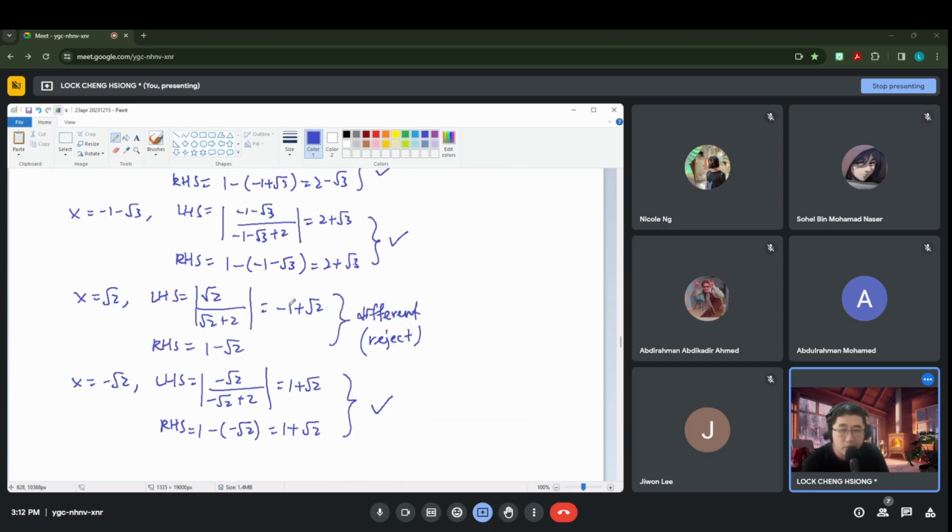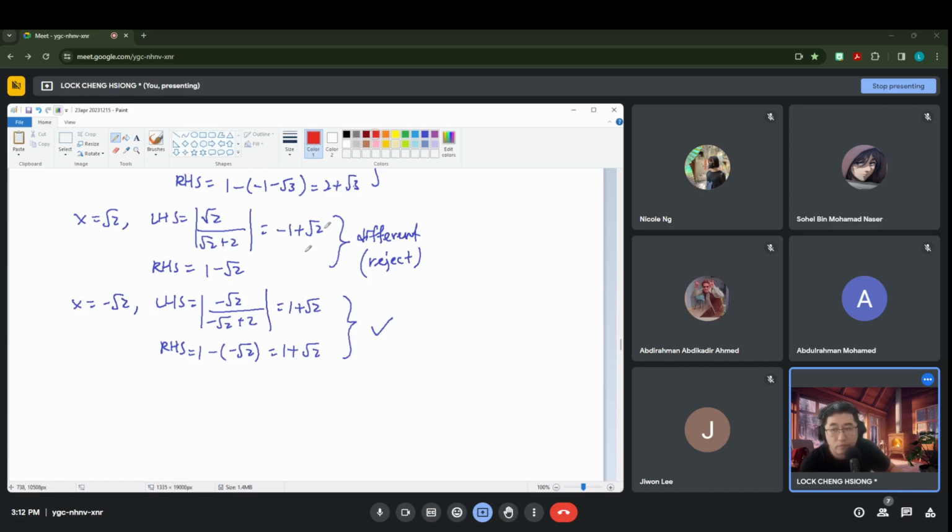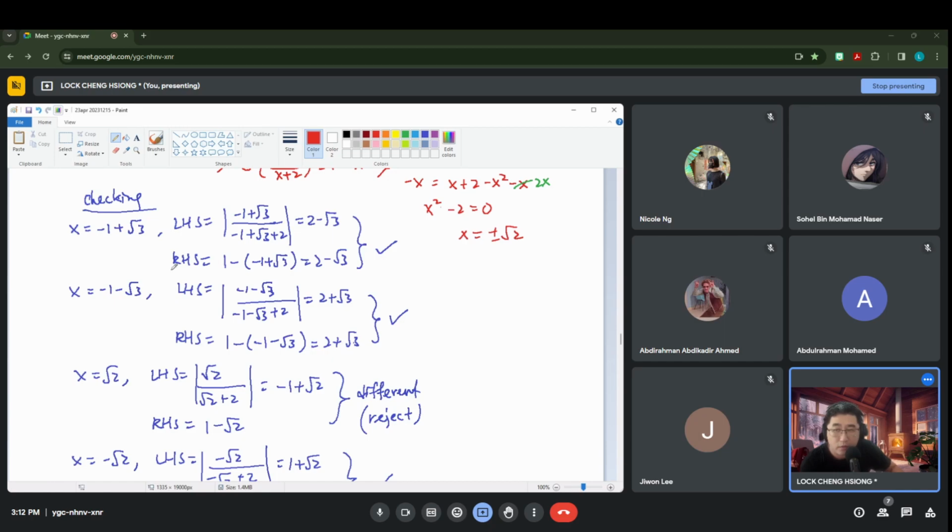Now comes to inequality. I have a number line. This value, square root 3 minus 1, is about 0.7.